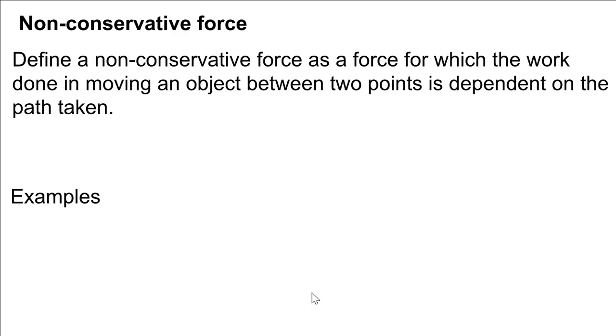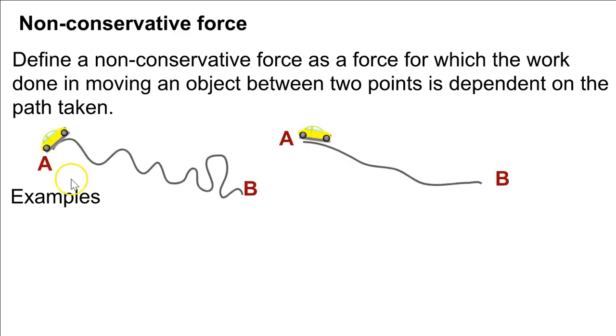Okay, so now let's look at the definition of a non-conservative force. With a conservative force, we saw that the work done by the force is independent of the path it takes between 2 points. But with a non-conservative force, this is a force for which the work done in moving an object between 2 points is dependent on the path taken. So it really does matter whether your road looks like this or whether it looks like that.